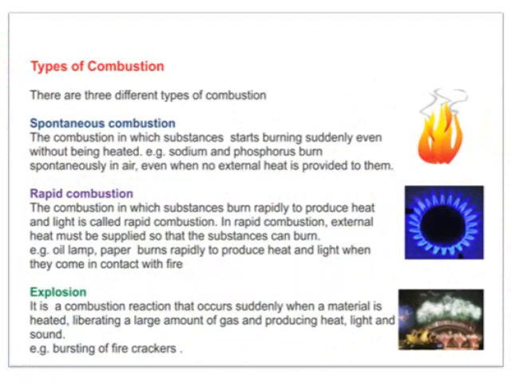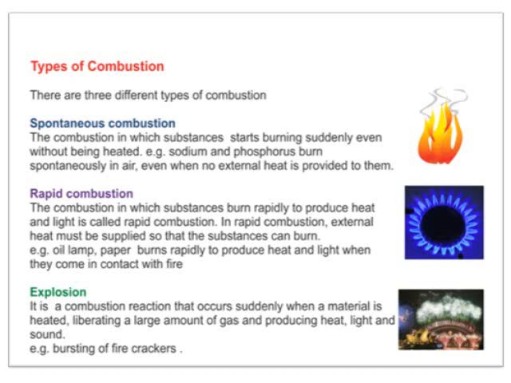The same concept of the three types of combustion is explained in this slide also. Whichever answer is easy for you, whichever examples are easy for you, you can take it up. That's why I'm giving you different slides on the same topic. There are three different types of combustion.